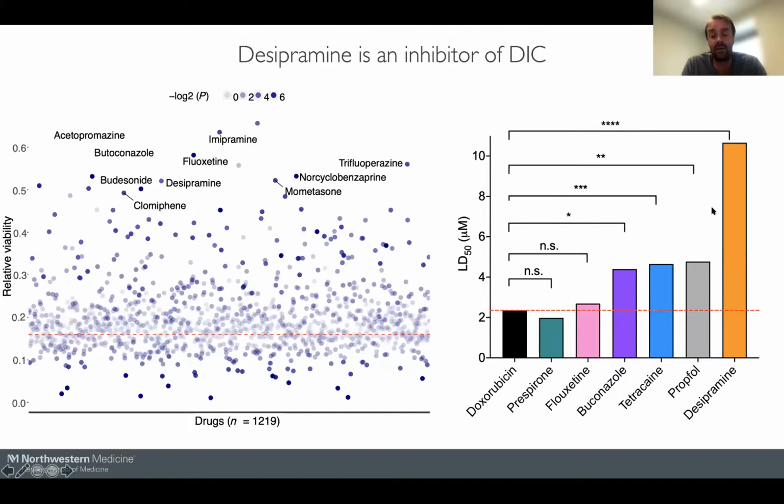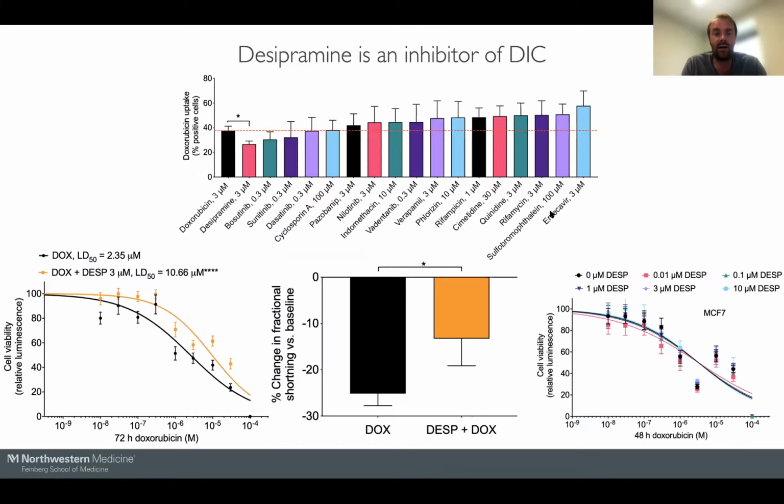This drug is an old-fashioned tricyclic antidepressant. Through a huge amount of in vitro modeling, in silico modeling, we know that it does bind SLC28A3. It's essentially a competitive inhibitor, and treating the cells with it before they have doxorubicin is cardioprotective in a similar manner to a knockout of SLC28A3.